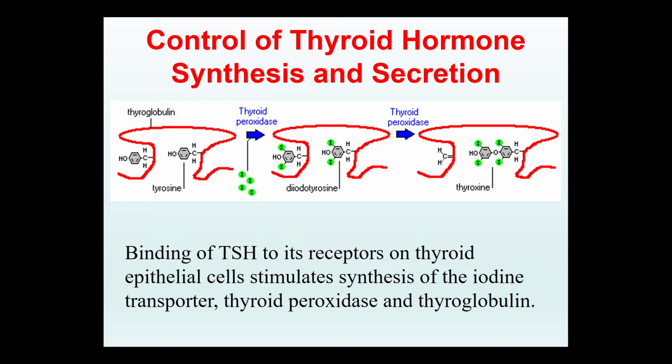And at last, it stimulates the secretion of these hormones, thyroxine and triiodothyronine, into the bloodstream. All of these steps of T3 and T4 synthesis in the thyroid gland are under the control of the effect of TSH.